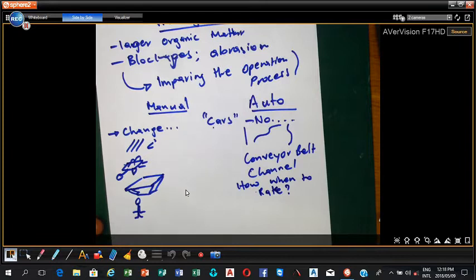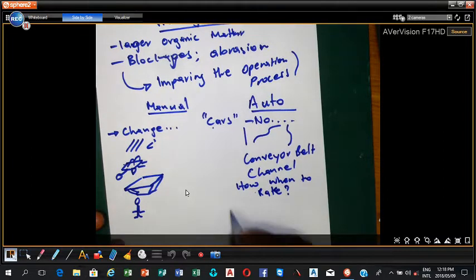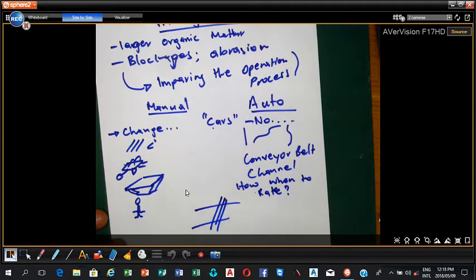Now, how do you know when to rake depends entirely on what is found. Now, the channel is in that fold and the screens are in that fold. Assuming that that is the level of water. Now, if that is a level of water, at normal circumstances, the level seems to be partially the same.